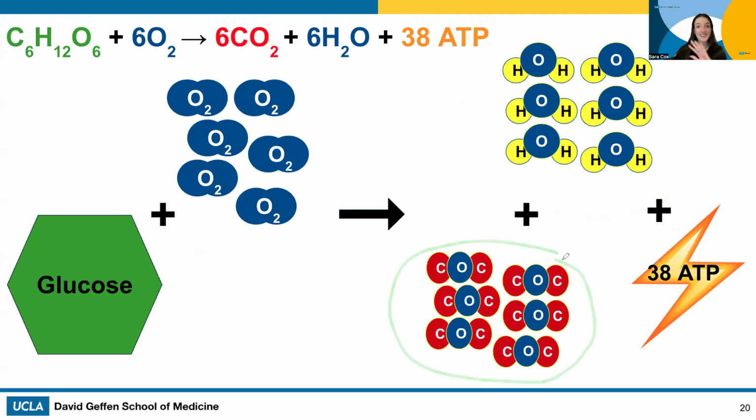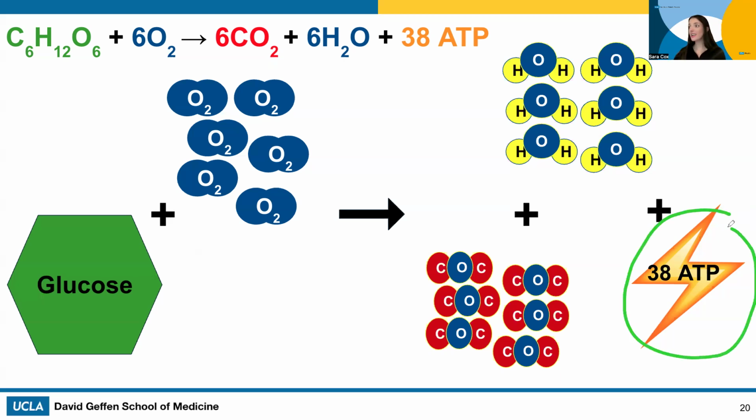And then we create a ton of energy, right? The energy released from these reactions is captured in ATP, the body's energy currency. This aerobic metabolism creates 38 ATP, lots and lots of energy.